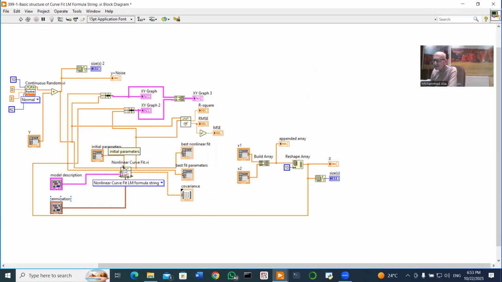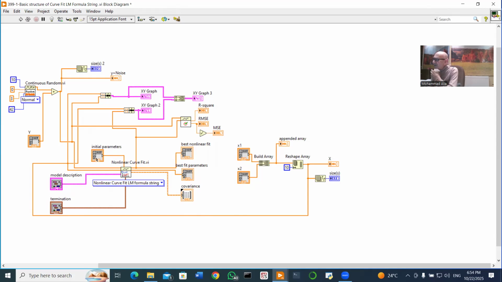And also here we have a special interesting input, which is the initial guess of parameters. You have to give an initial guess about the values of the critical parameters which describe the data set or the model function.